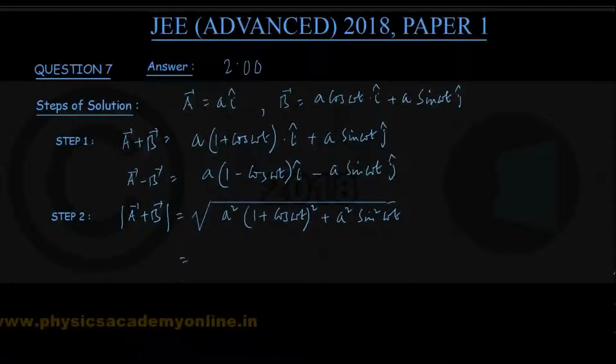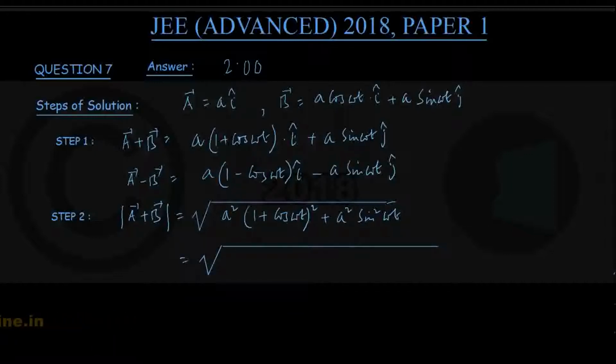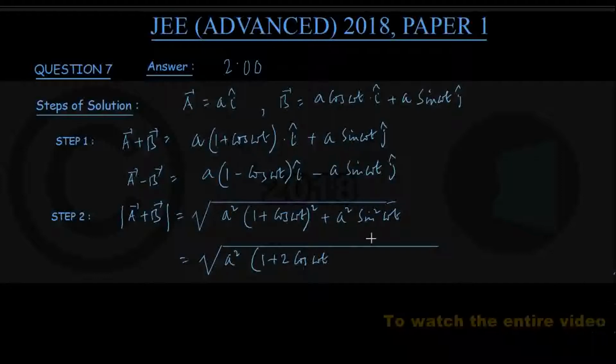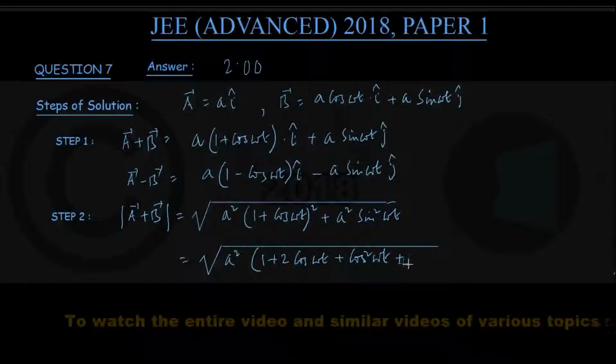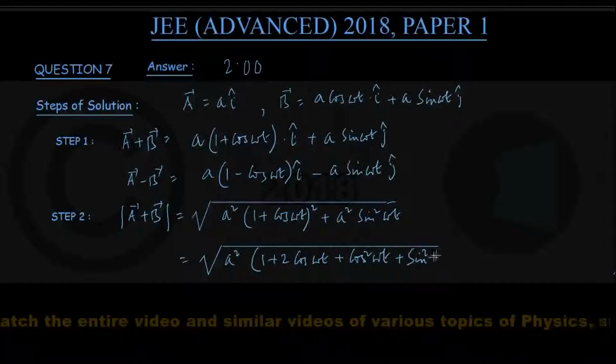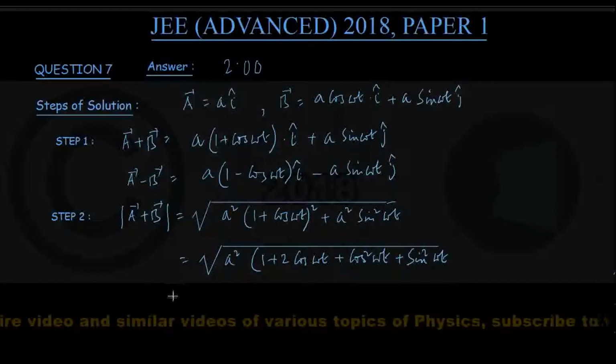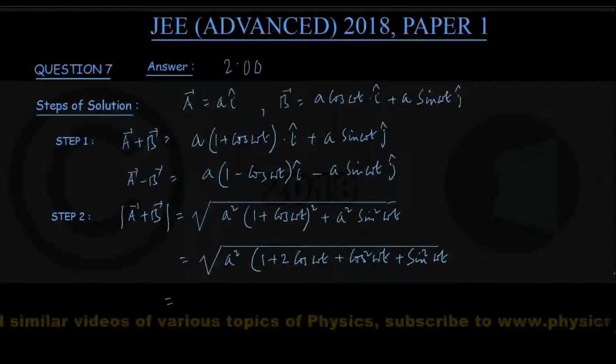In the next step, you can expand it, taking A square as common. We have inside brackets 1 plus twice cos omega t plus cos square omega t plus sine square omega t.